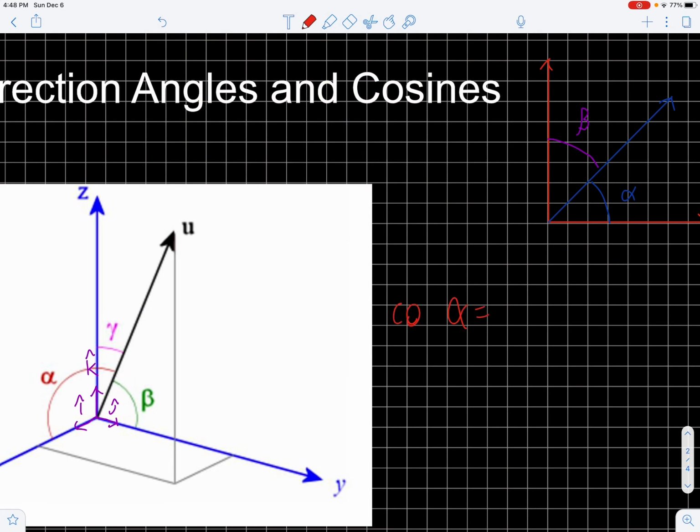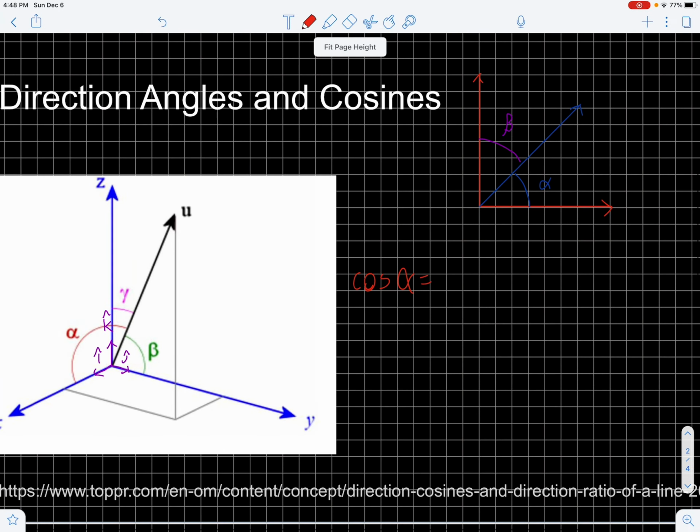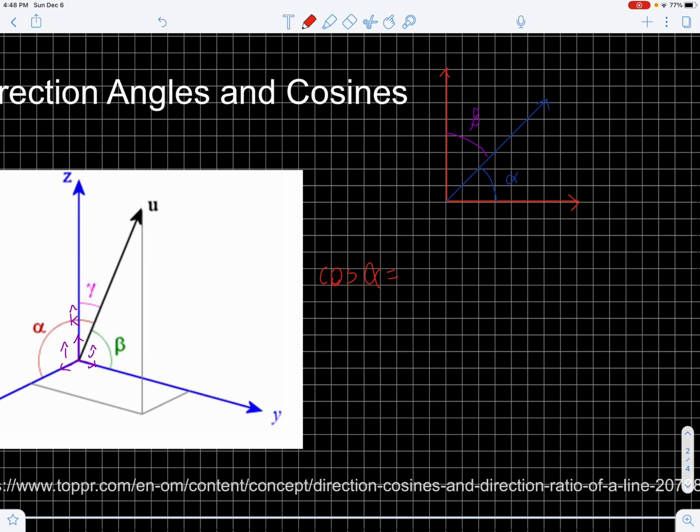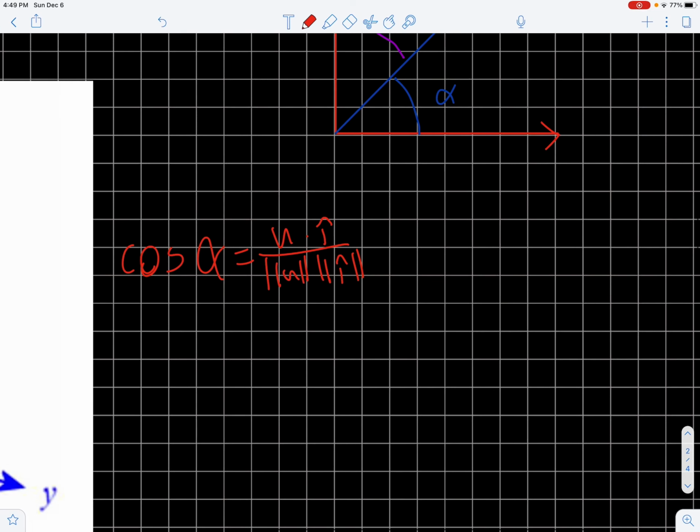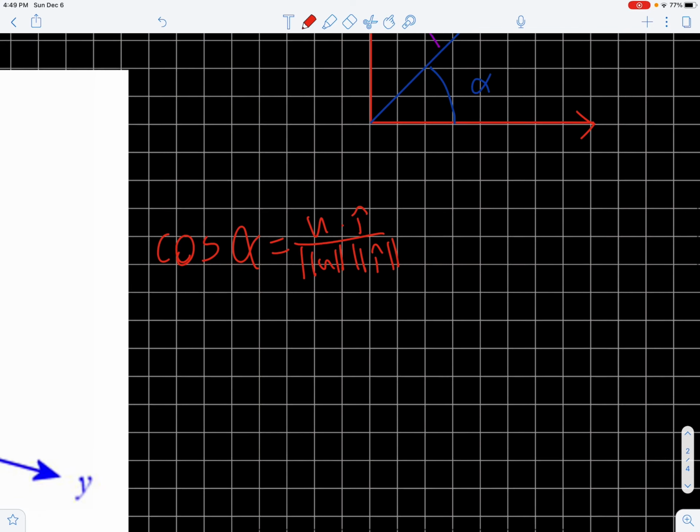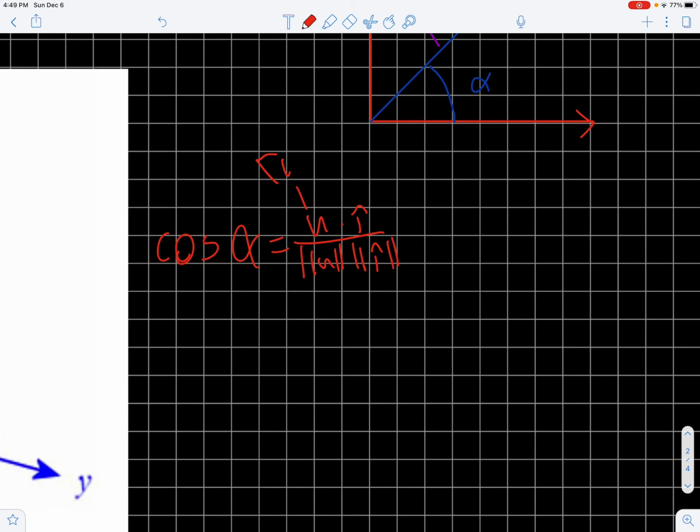All right, so the cosine of angle alpha equals u dot i hat all over the norm of u times the norm of i hat. We have our vector u, its components are ux, uy, and uz.